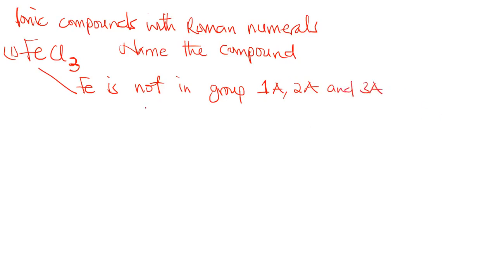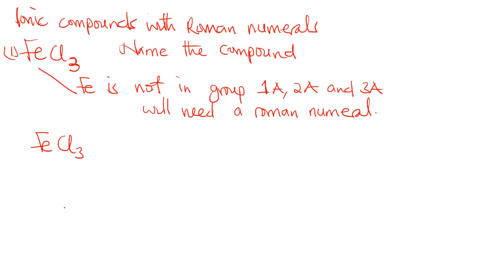And because of that, it will need a Roman numeral to name it. So how do you deal with that? You have Fe here, Cl3. You need to find what Roman numeral to put here. What Roman numeral are we going to put on this one?